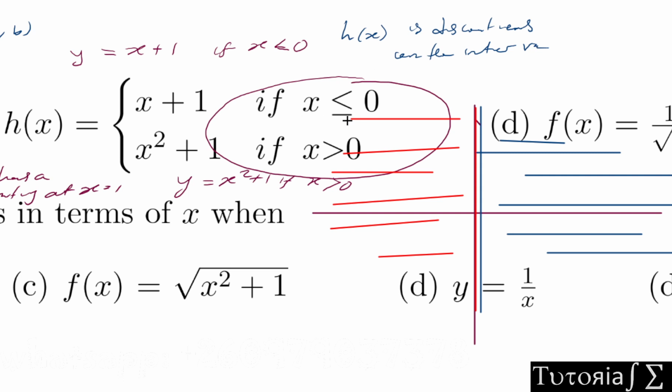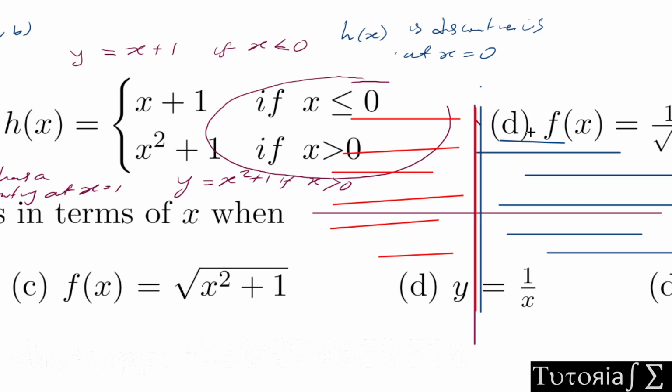So this is the interval that we can write, or maybe we can just say at x equal to 0, there is a discontinuity there. So h of x is discontinuous at x equal to 0. So that is about that function. It is discontinuous at that point.